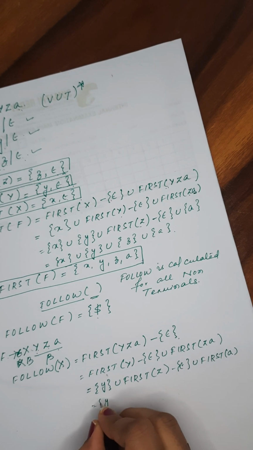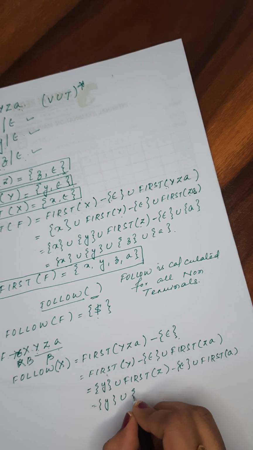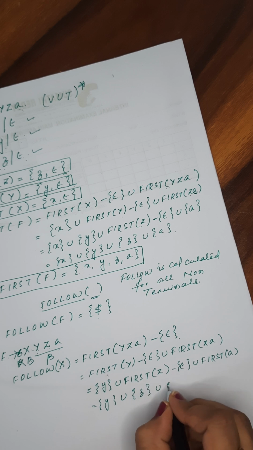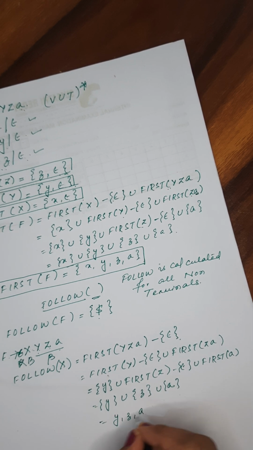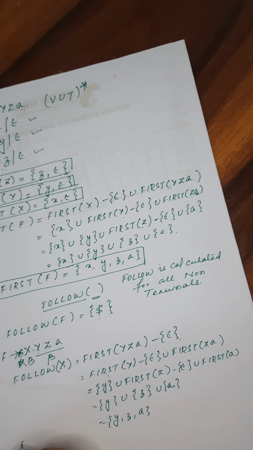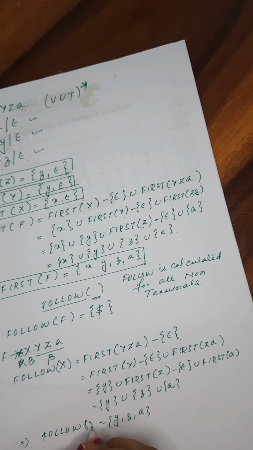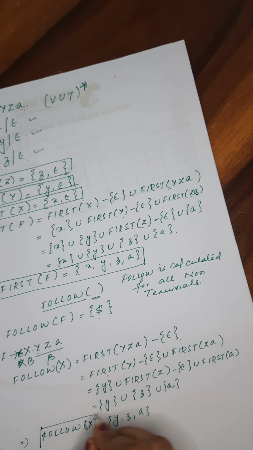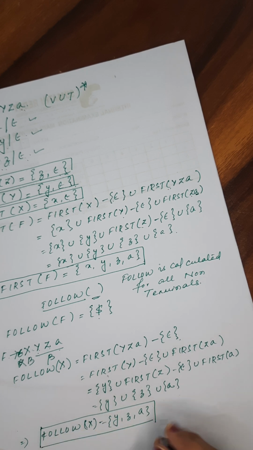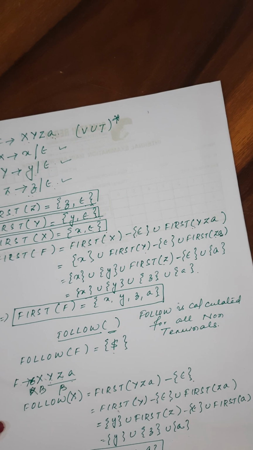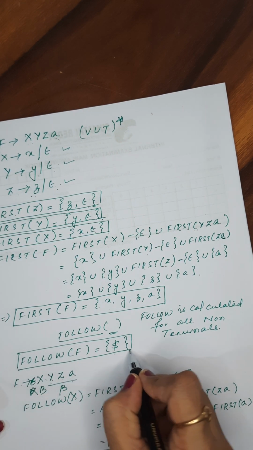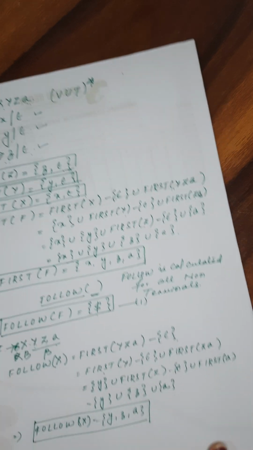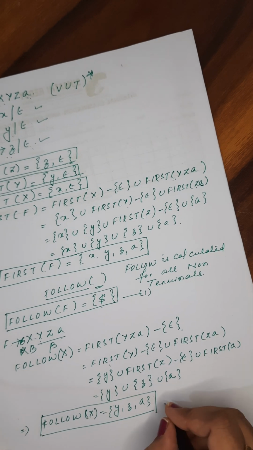So, Y union Z union A. So, Y, Z and A. That implies follow of X is equal to Y, Z, A. Now, one thing you remember, while calculating for follow, always write equation number. Why am I asking you to write equation number? I will tell you later.